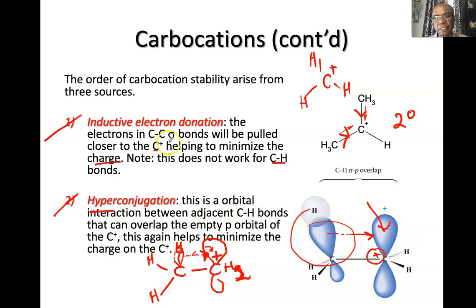So there are two processes that stabilize the carbocation: the inductive electron donation through bond, or hyperconjugation, where you have neighboring orbital overlapping with the empty p orbital. So if you're asked which two processes help stabilize carbocations, it's these two processes.